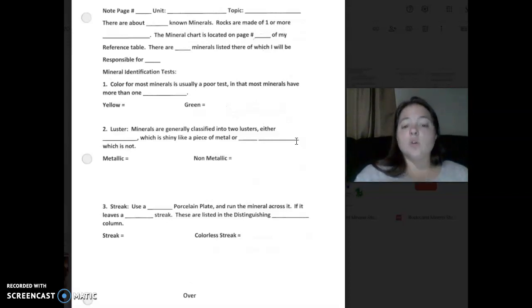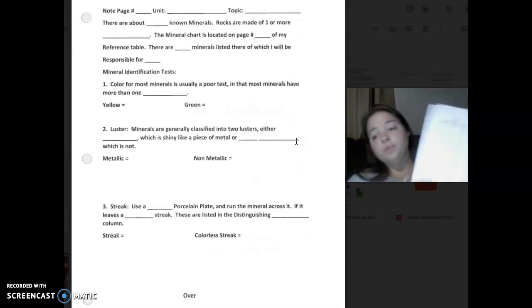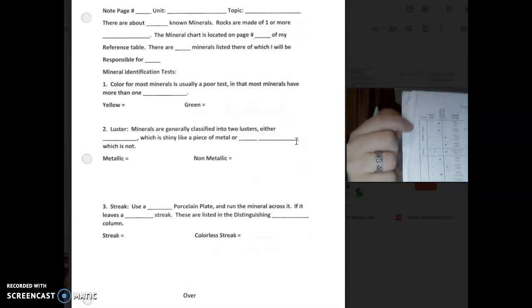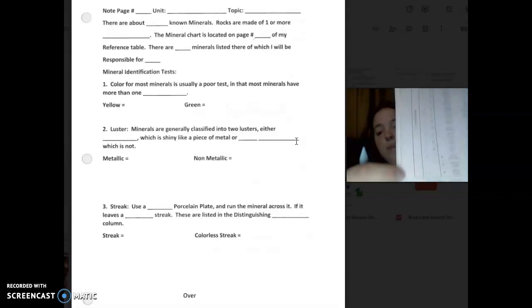Luster. Minerals are generally classified into two lusters, either metallic, shiny like a piece of metal, or non-metallic, which is not. And we went over that last time. So if you were to look at the metallic colors, look at the side. It says metallic over here and non-metallic there.